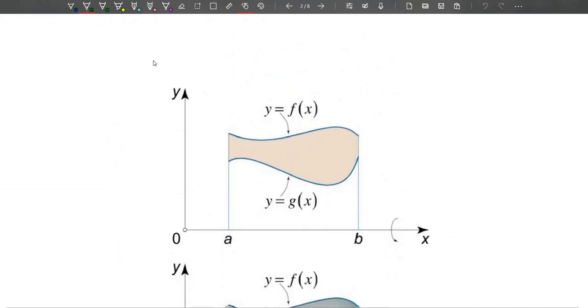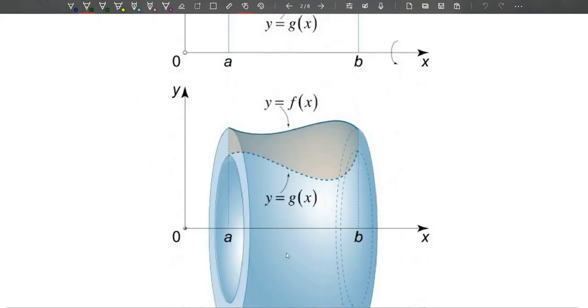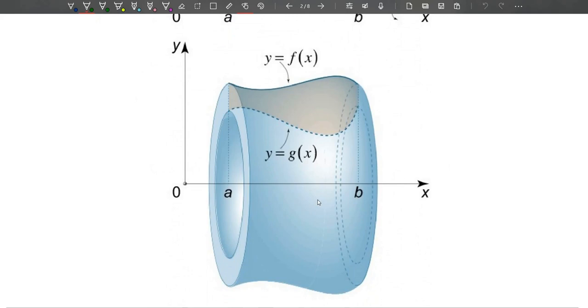Before that, as you can see here, this is a figure. Let's say this is y equals f(x) and this is y equals g(x). This is the image for the curve being rotated about the x-axis. It all involves circles, so this is the inner circle and this is the outer circle. Same goes here.